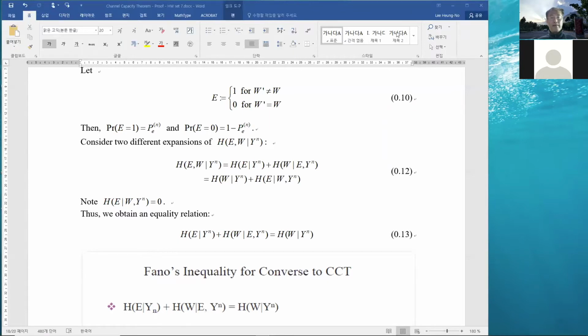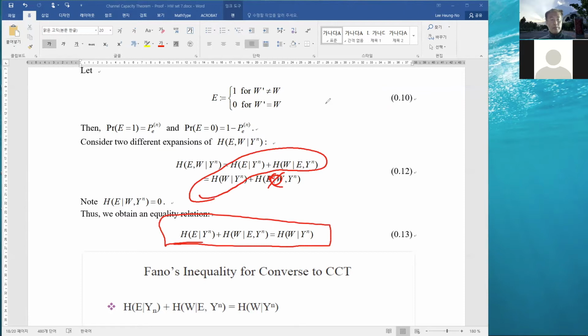So we have an equality that we can use, since this part is equal to 0. That is the equality that we will use for Fano's inequality.